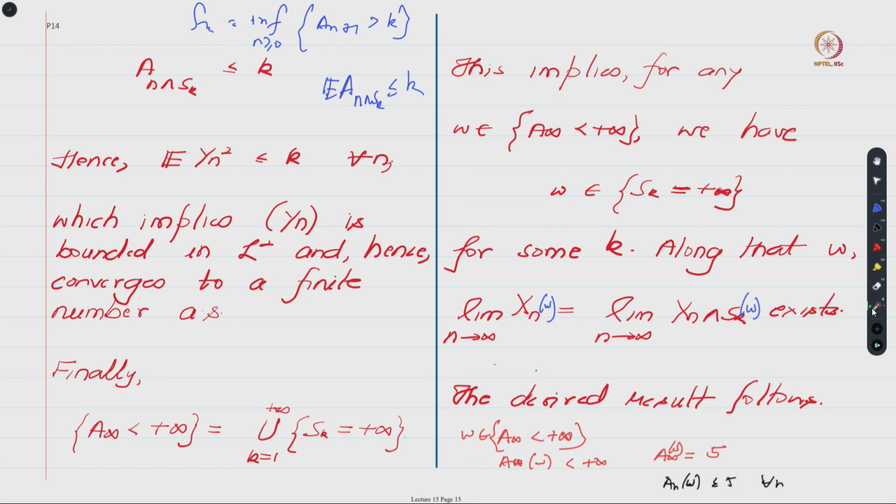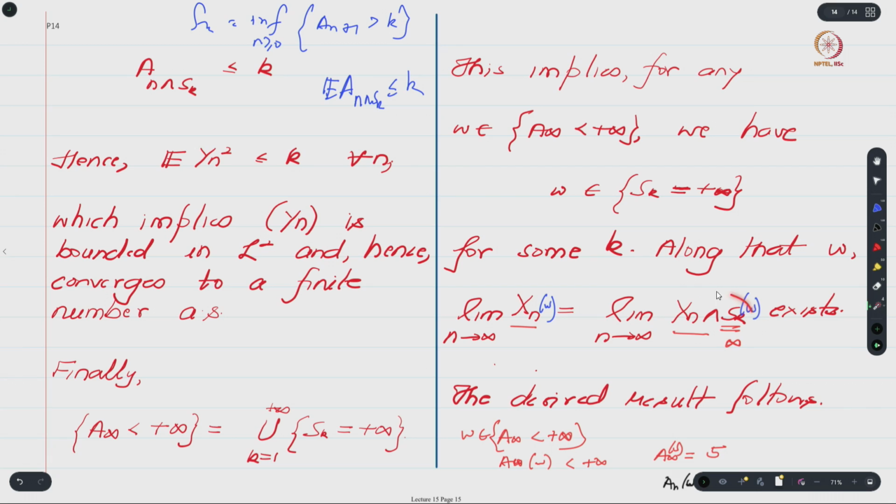Why does that happen? Because for this omega your Sk of omega is actually infinity. So n min infinity is n, hence this Xn and this Xn min infinity is going to be Xn only, and hence their limits have to match.